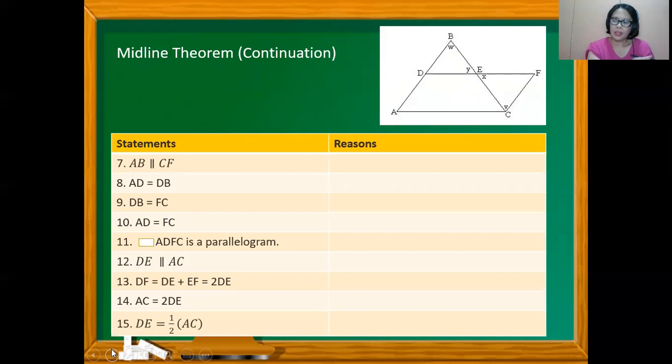Now, we have AB parallel to CF. Now, we were able to prove that angle W and V are congruent in the previous statements. Another thing, the two angles are also congruent because they are actually alternate interior angles.